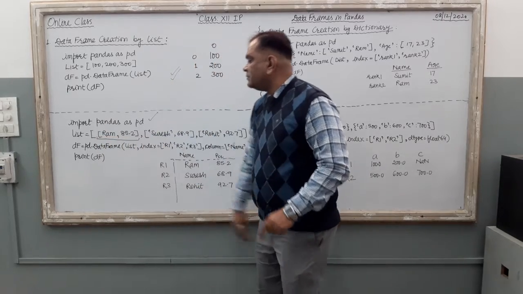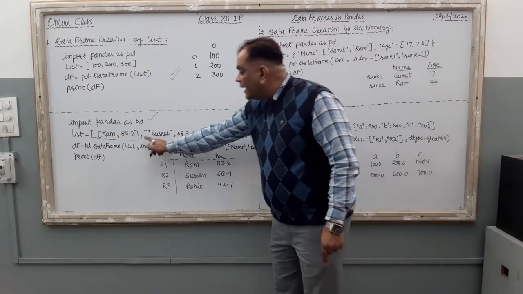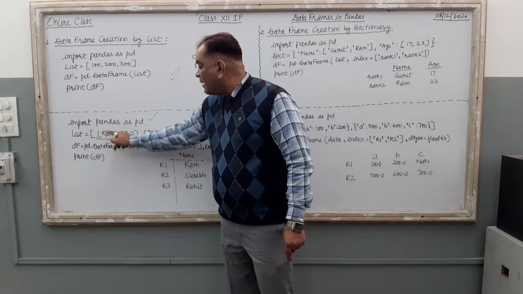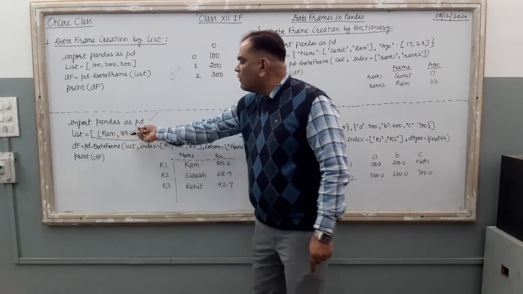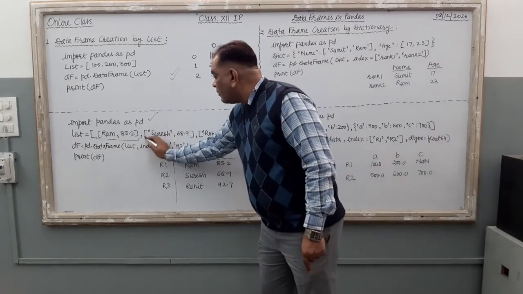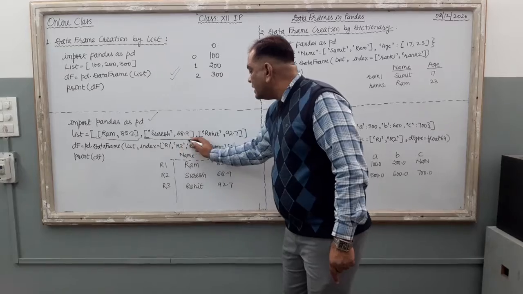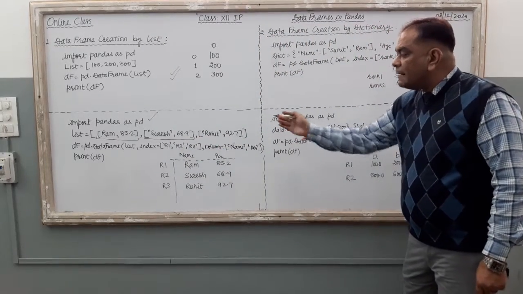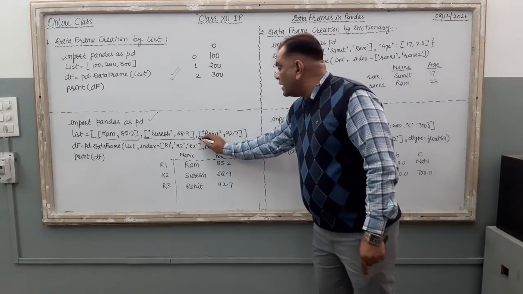Just see this one. Then comma, here inside this internal bracket I use Ram and then 85.2. One digit is there. Clear? Now again, after comma, the second list element is there in this particular list. Suresh 68.9. Then it is the third list element.